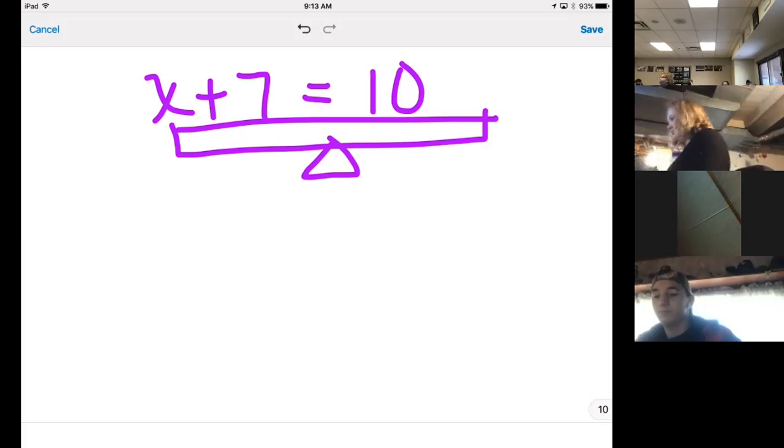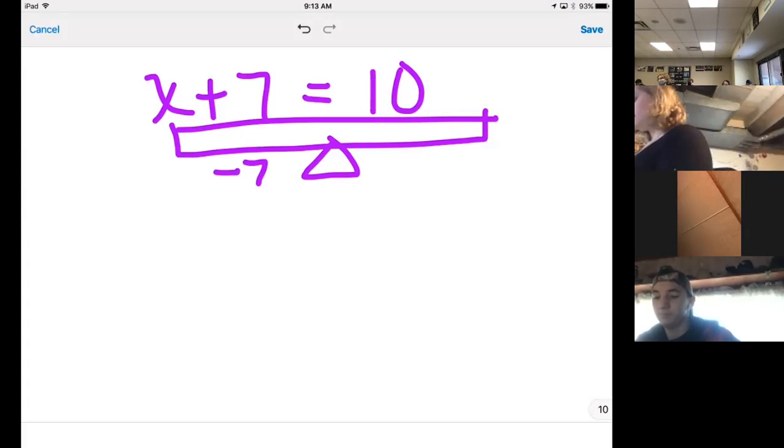Now that means that if I do something to the left side, I have to do the exact same thing to the other side in order to maintain that equilibrium, right? So in this case, I want to get x by itself, so I would subtract 7 from both sides. But if I take something off the left side and I don't do something to the right side, it is no longer valid, right?